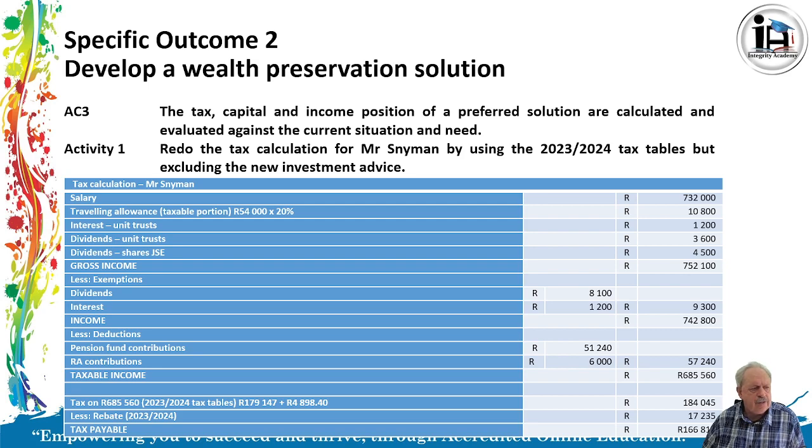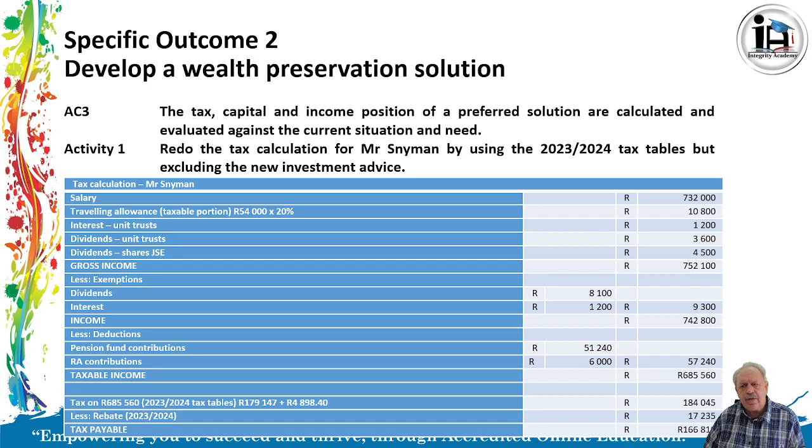And then if we take his pension fund deduction and the retirement annuity deduction, as he currently contributes, 51,240 and 6,000, that's 57,240, and we deduct it from the 742,800, leaves him with 685,560, which is now the taxable income, after we've taken off the exemptions and the deductions in the tax calculation.